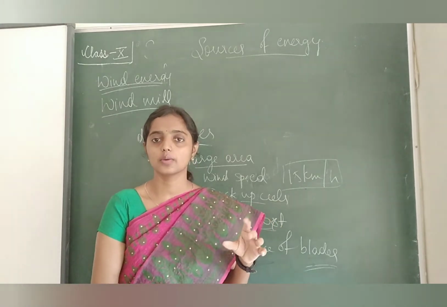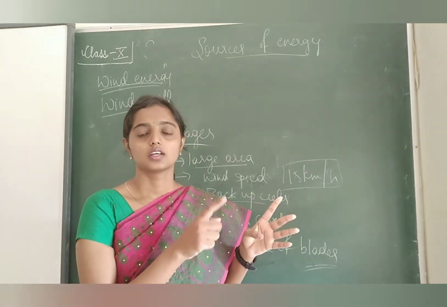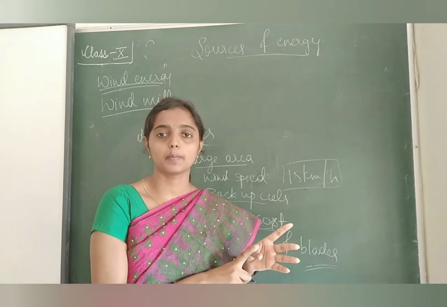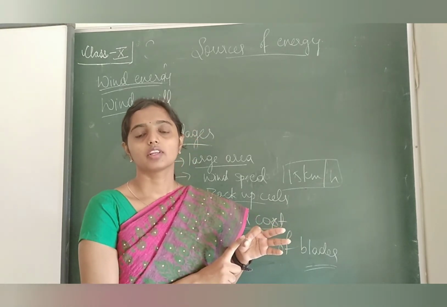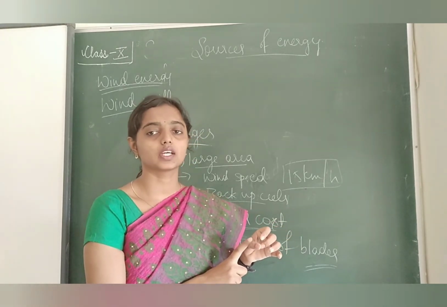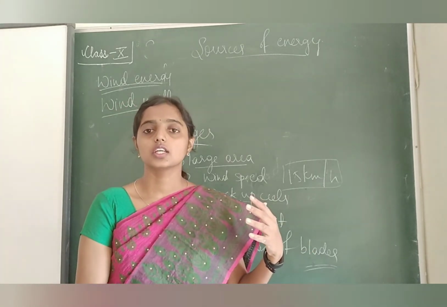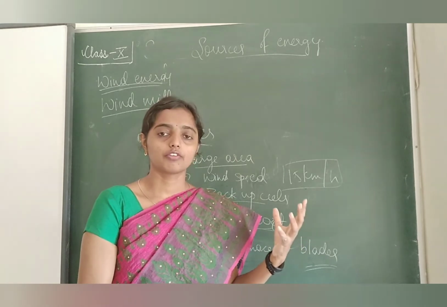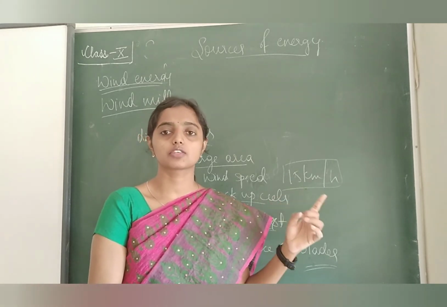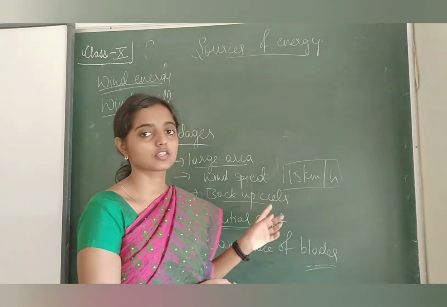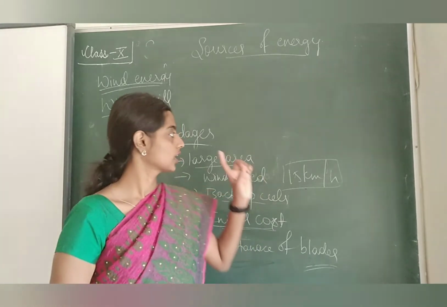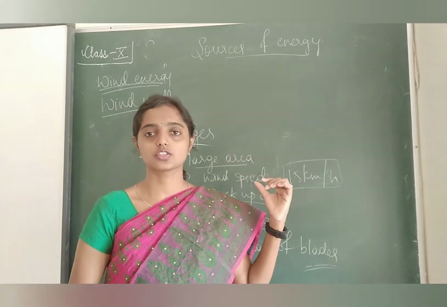Next we understood which one is called the country of winds, that is Denmark, and in India we have a large windmill farm in Kanyakumari, Tamil Nadu. For electricity production from windmills, Germany takes first place and India takes fifth position. And these are some advantages and disadvantages of windmill.